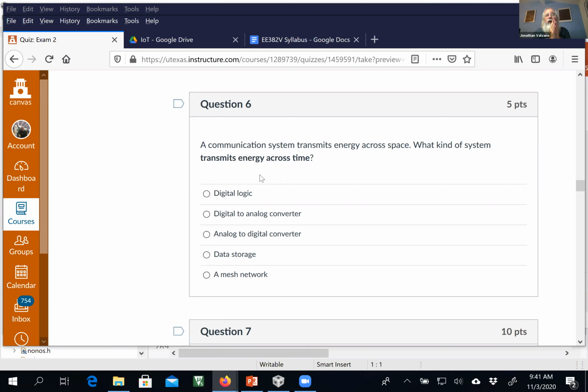So if I were to ask what type of system transmits information across time, the question would be easier, right? So you had to make the analogy between information and energy, and then ask the question, what system transmits information across time?